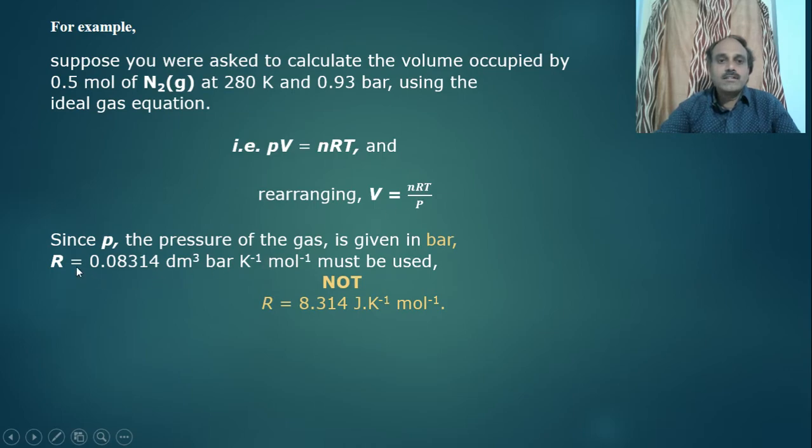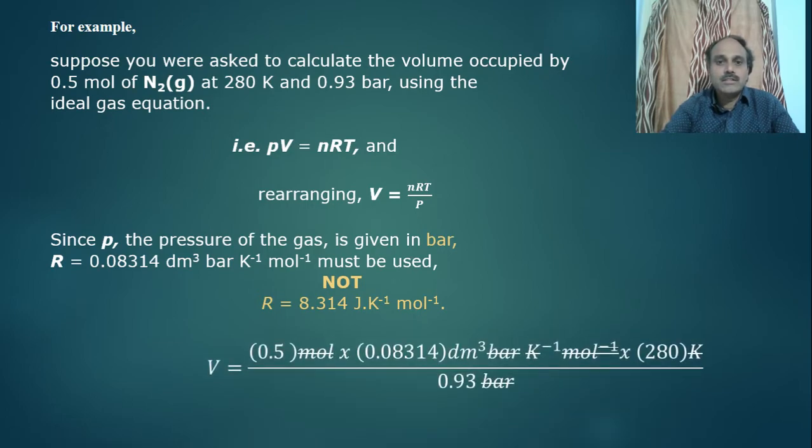Therefore, there are different values of R. You have to take the value in dm cube bar per Kelvin per mole, but not 8.314 joule per Kelvin per mole. This is the most important step: you have to bring the values into the same units of the physical constants.